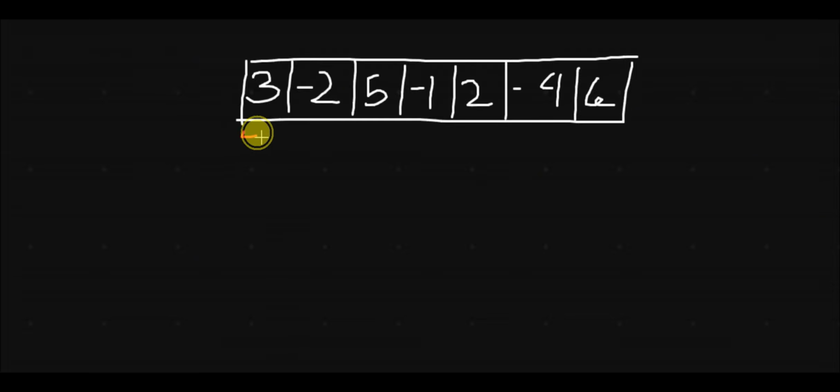So in this array, usually when you're finding the maximum subarray, you start here, and the second subarray goes from here until there. So what I'm going to do is go through the step-by-step process. In Kadane's algorithm, there are 2 values: the current sum and the max sum.